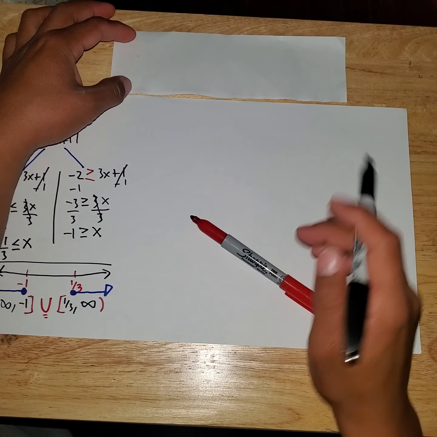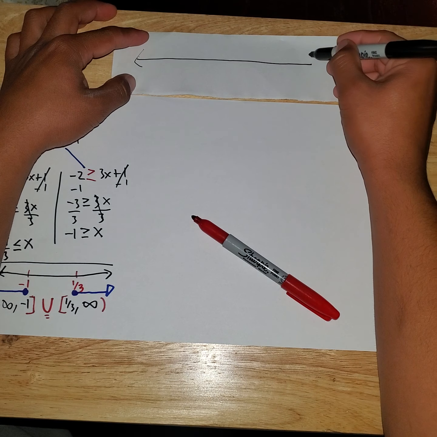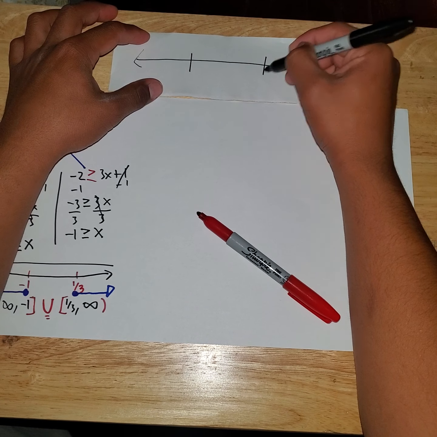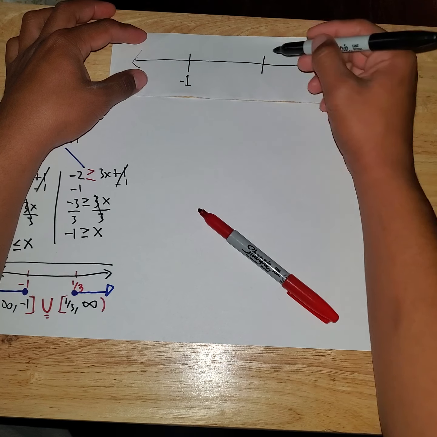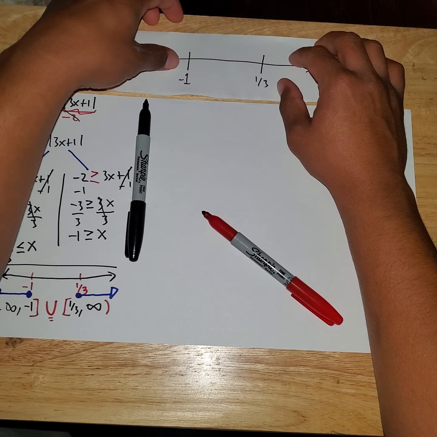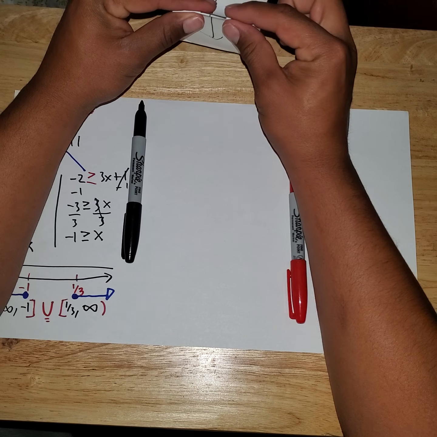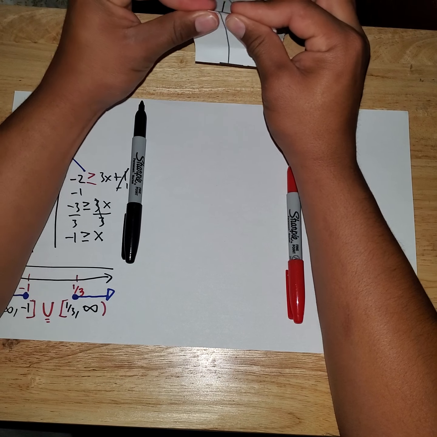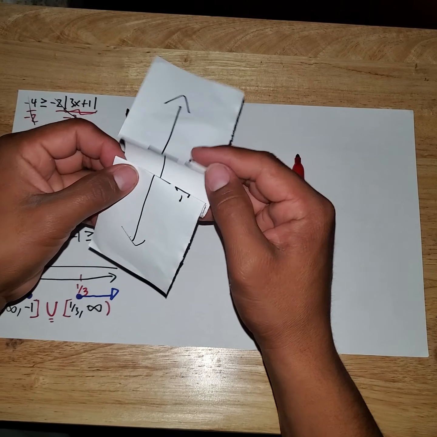So let's see this here. Imagine you have this number line, but then you cut it off in these two places, so at -1 and 1/3, but you want to put them together so that they end up looking, let me put it in view.